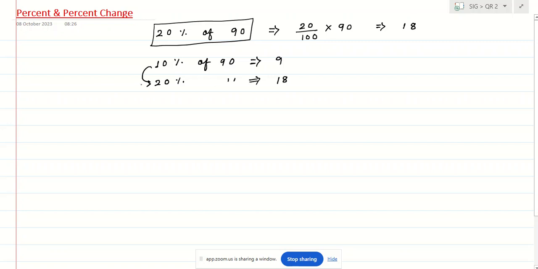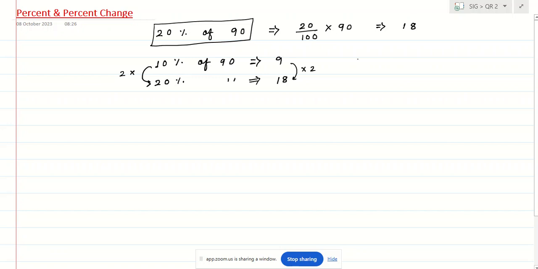Finding 10% of any number is much easier, isn't it? 10% of any number is the number divided by 10. Basically, we just cancel the 0 at the last. Then I can find the multiples of 10% very easily.